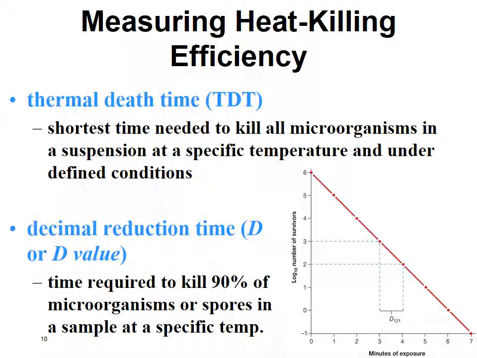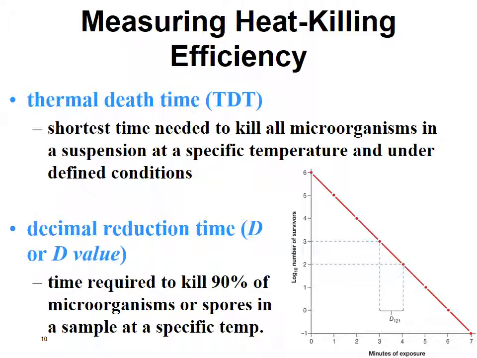This is simply the shortest time needed to kill all organisms in a microbial suspension at a specific temperature and under defined conditions. But remember that heat killing is logarithmic. So an even more precise figure, called the decimal reduction time, or D value, has gained wide acceptance.